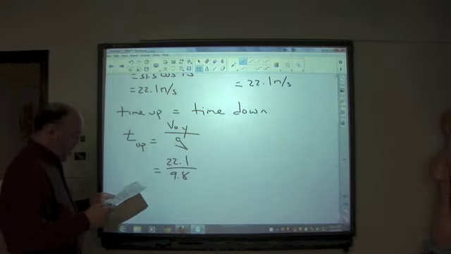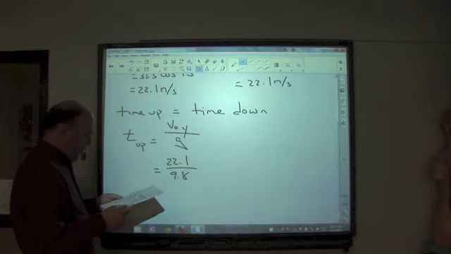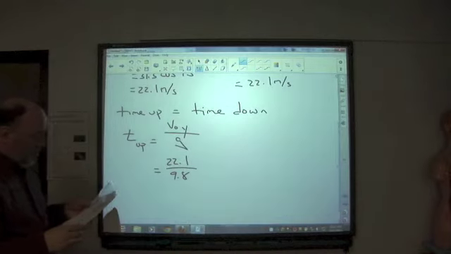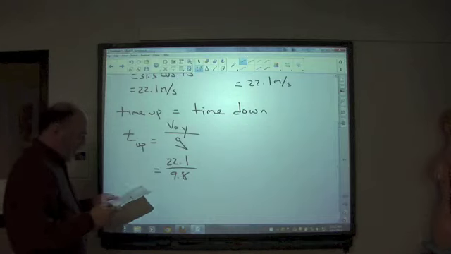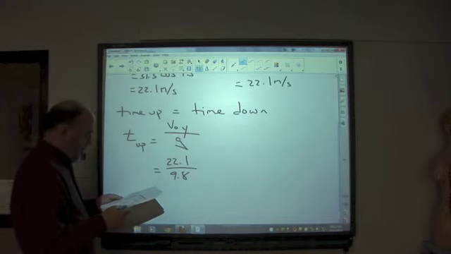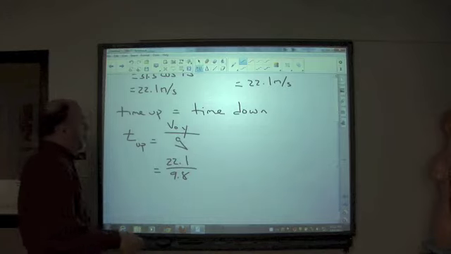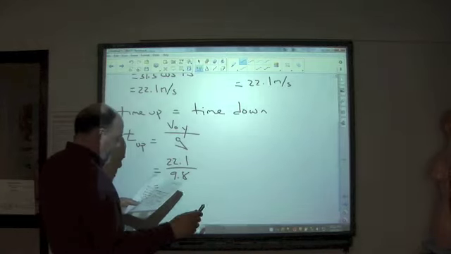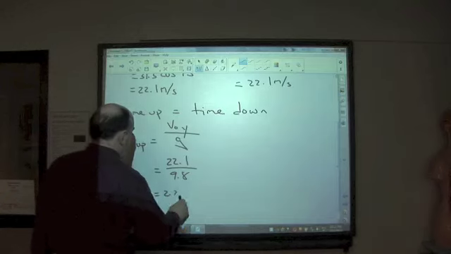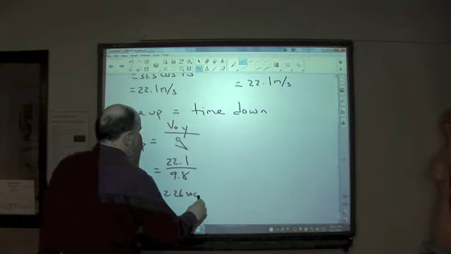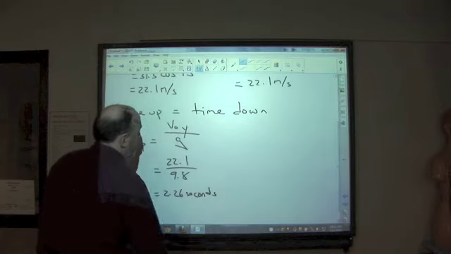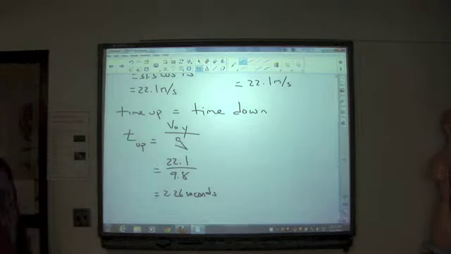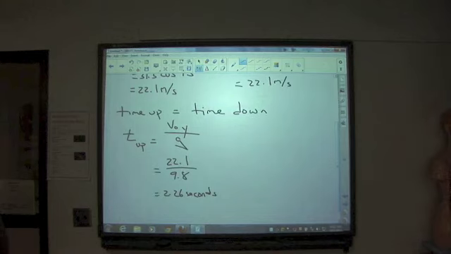And so we get that this time frame then will be 2.26 seconds. So it'll be 2.26 seconds to go up.